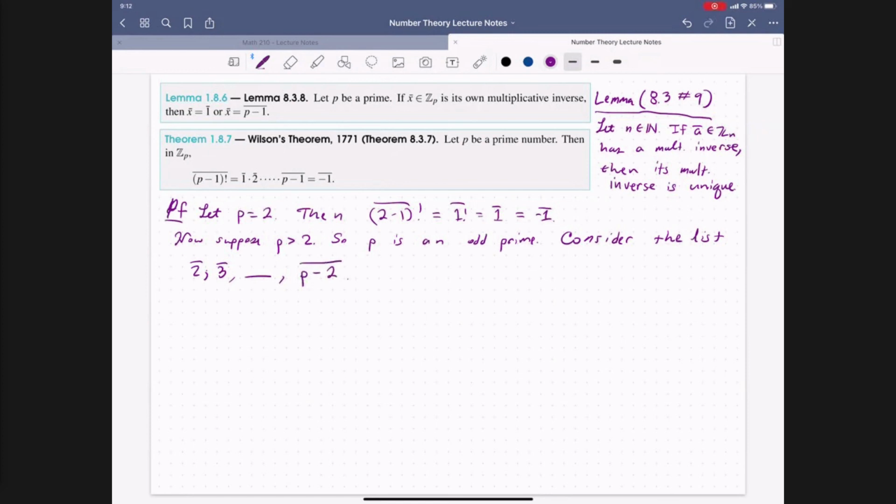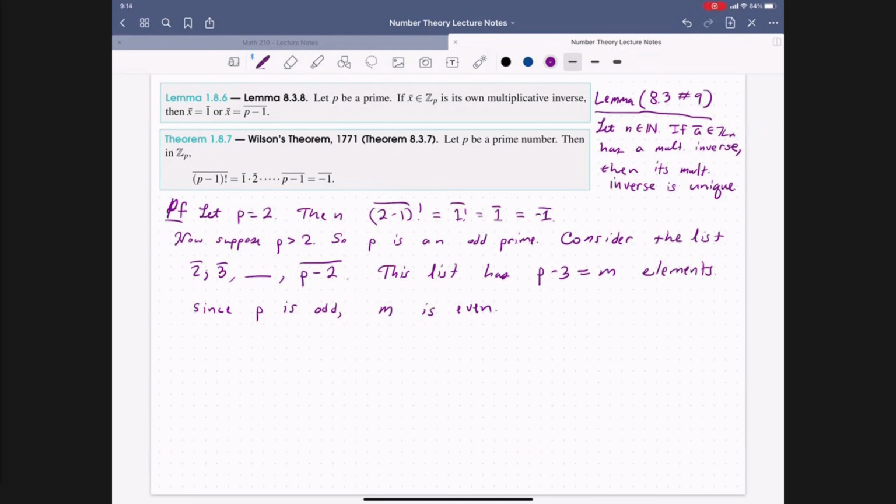Then this list has p minus 3 elements. And let's go ahead and just let this be m. So since p is odd, m is even, so that's just the number of elements in the list, 2, 3, all the way to p minus 2.